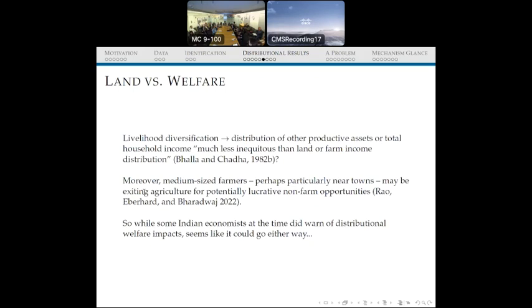They make a lot of money doing trading, or owning a shop, as well as having a very small bit of land. The other is that maybe these medium-sized farmers, particularly near the towns, are going off and finding something else to do that's very productive. So it could be that even if there are these effects on the landholding distribution, you don't find anything similar to the effects on, say, total household income.